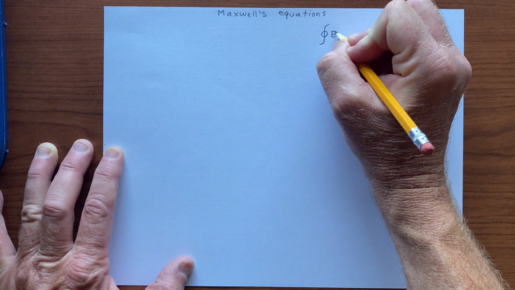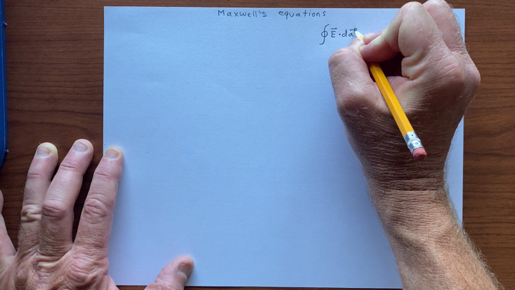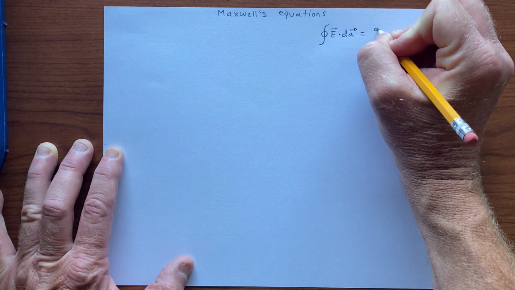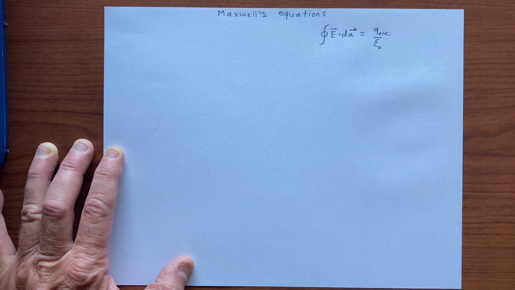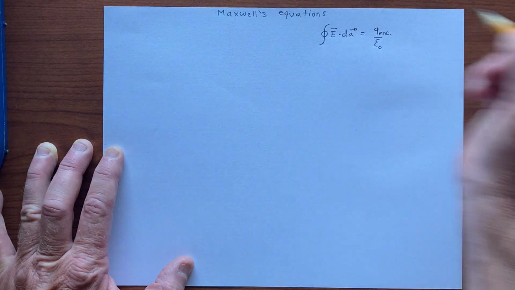Right? So the integral of the electric field over a closed surface, dA being the surface element, is equal to the charge enclosed divided by epsilon naught, some number. That's the integral version of that.